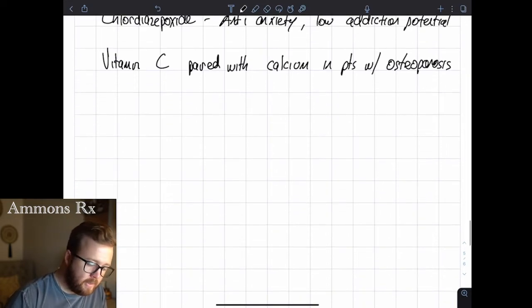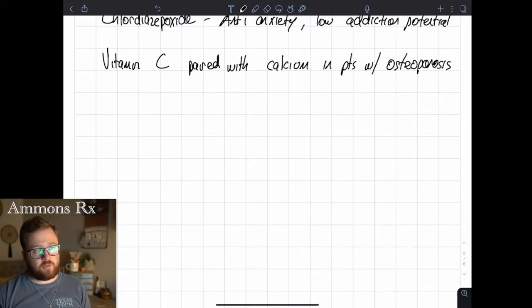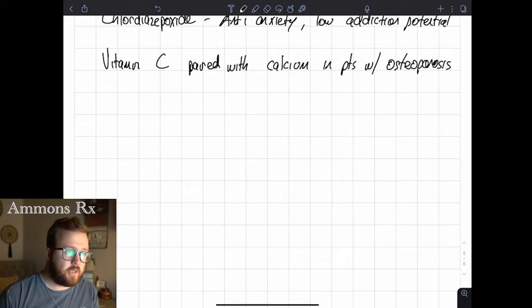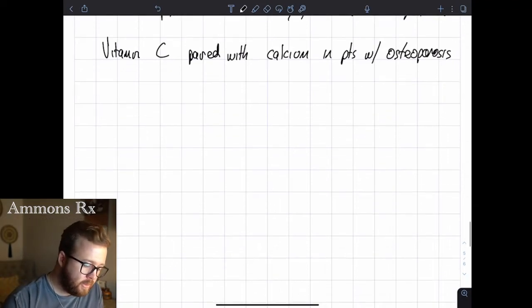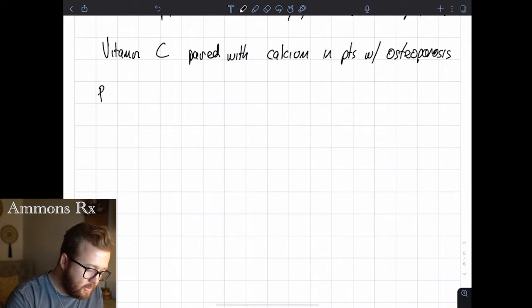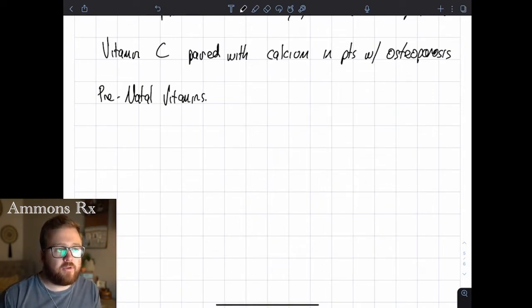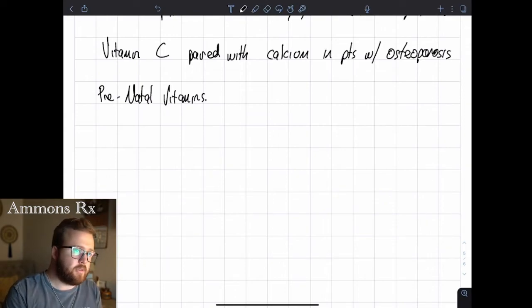Okay, now this one is another important one because this one you will probably see on your certification exam just because it's so important. So there's a drug. Prenatal vitamins literally mean pre-conception, like pre-birth.